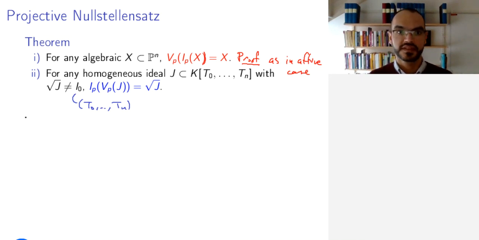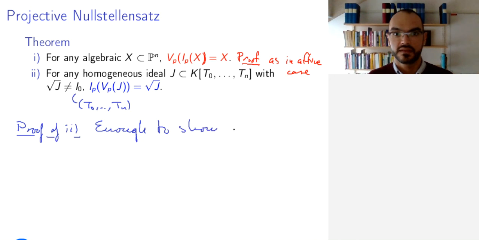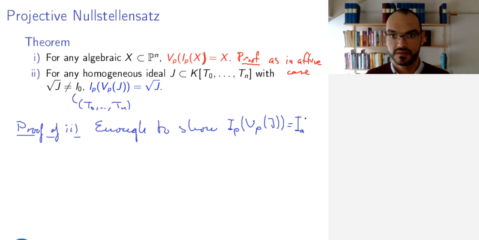To prove the second statement, it's enough to prove that this IP of VP of J is the same as the affine vanishing ideal of the affine 0 locus of J. Because we know that this thing is equal to the radical by the affine Nullstellensatz.